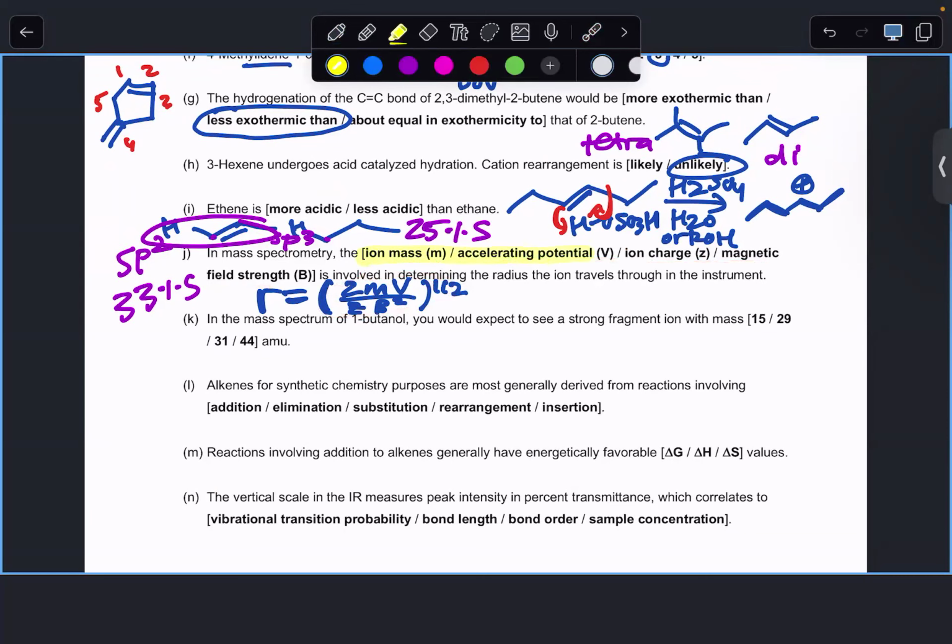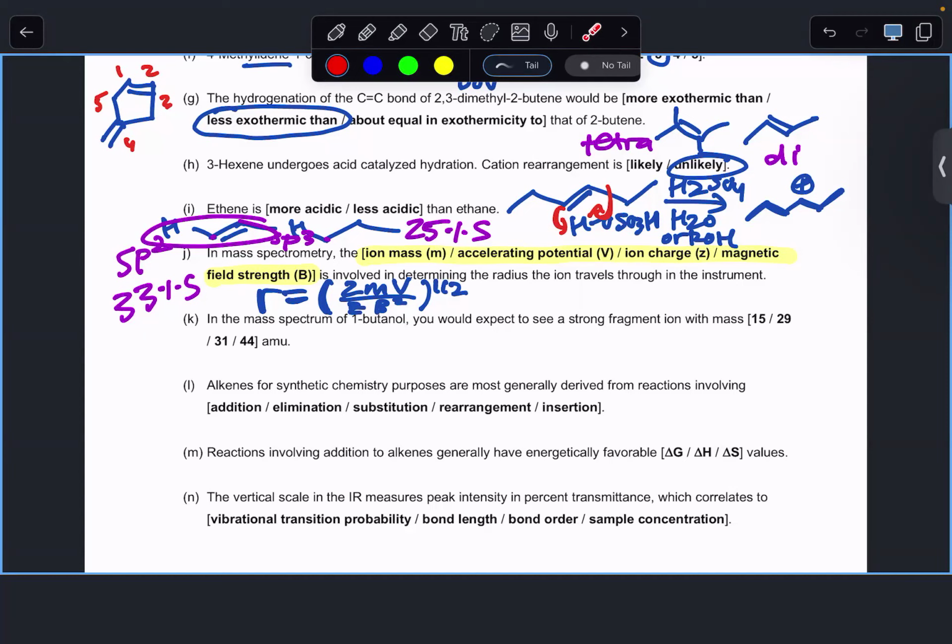So all of these factors here are involved in determining the radius because all of them are included in the equation. Would you recommend for us to memorize it? Yes, I would recommend memorizing this equation because I remember him testing a math related question on equations he taught earlier, like for 118A, he asked to calculate the optical activity, which there was an equation for that.